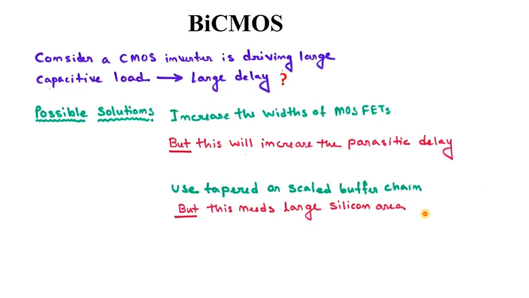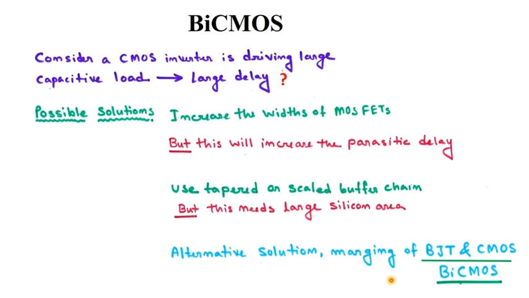In the last slide itself we discussed that the BJT has high driving capability. So, can we use BJT? Probably yes, but the problem with the BJT is that if we use only BJT or bipolar logic circuits, then the power dissipation will be significant. To reduce the power dissipation as well, we have to use BJT along with CMOS logic.